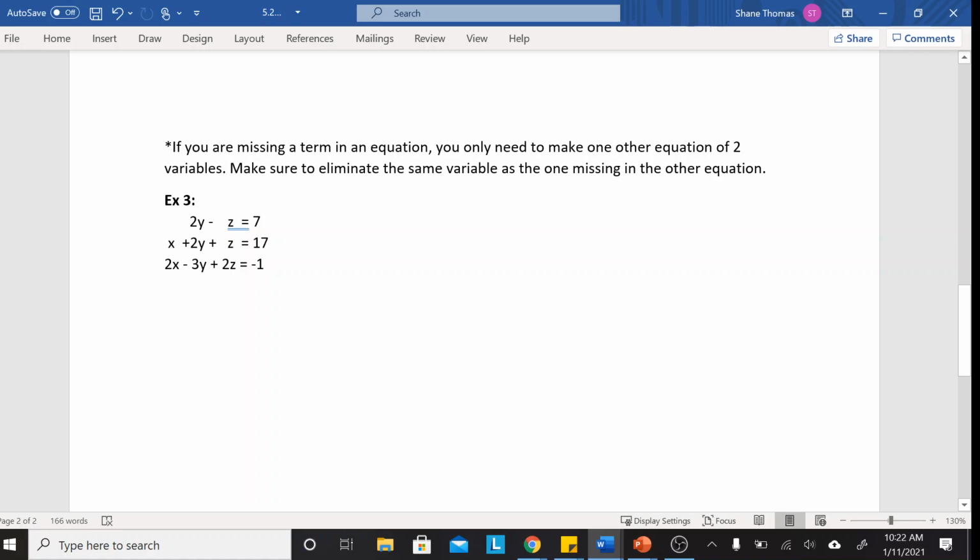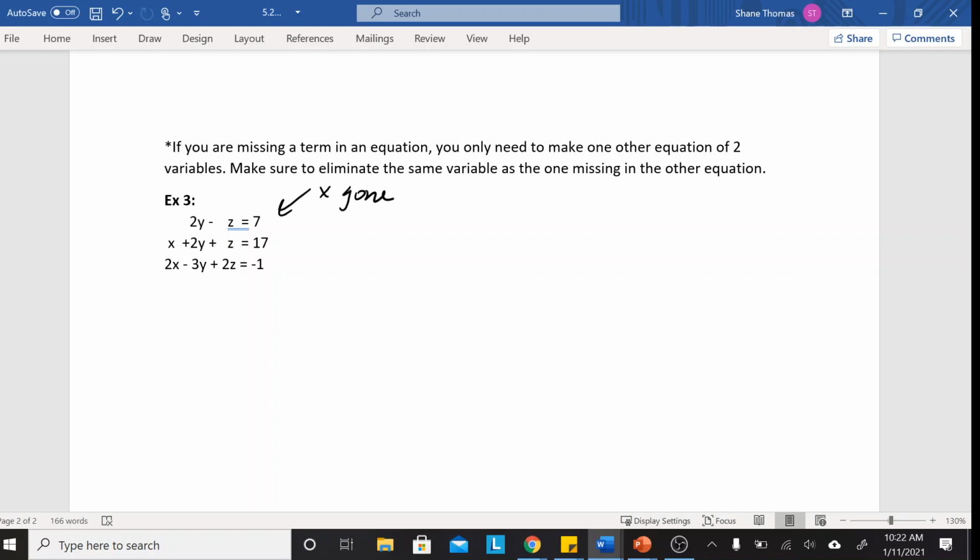So here, this is in 2 variables, but x is gone. Okay, so if x is gone there, I need to eliminate x in my other 2 sets of 3. So this one here, I can really just skip 1 and 2 to get 4. I'm just going to go right to 2 and 3 to get 5.